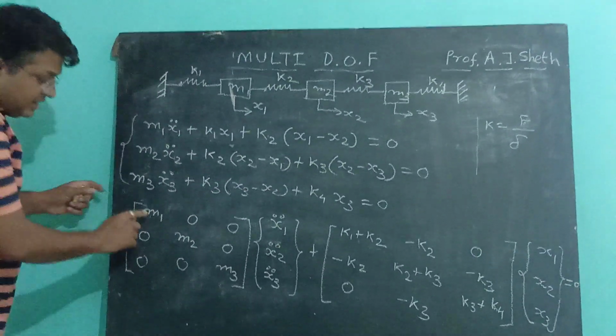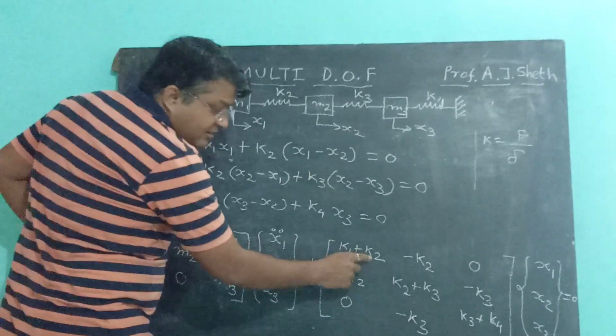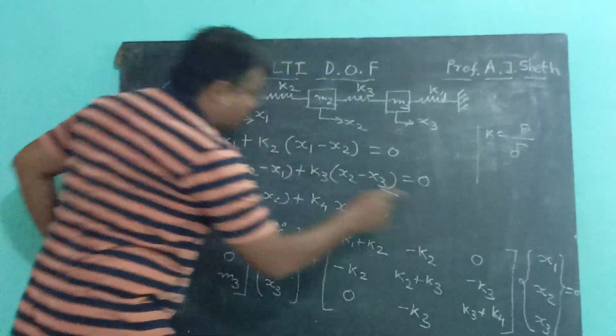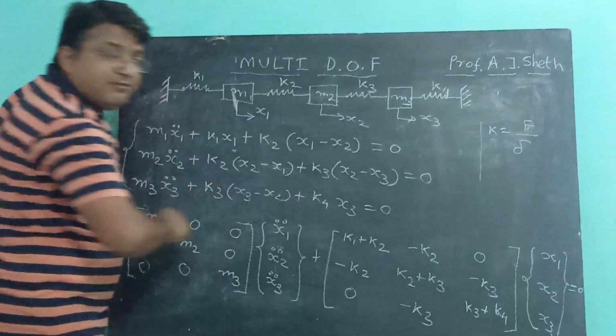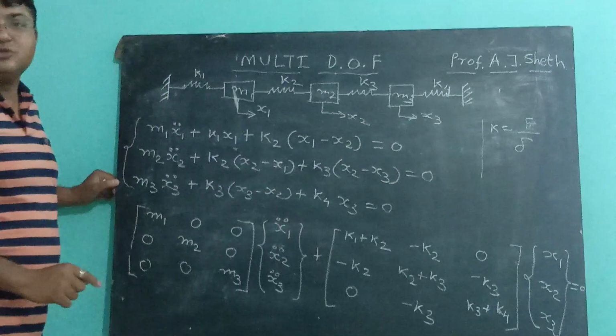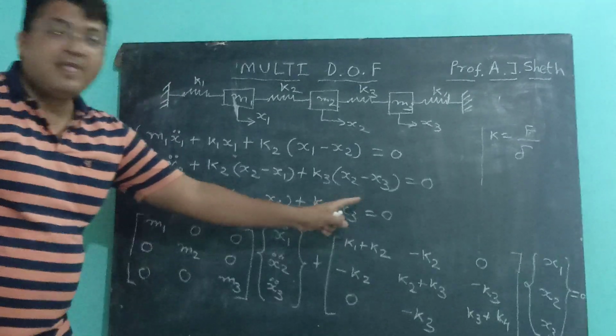So the equation will be m1 x1 double dot plus (k1 plus k2) x1 minus k2 x2, equal to 0, when we solve it. Then the second equation and the third equation.